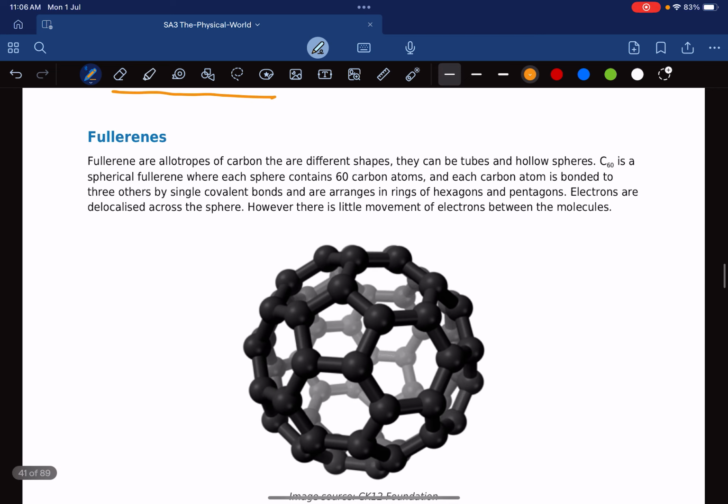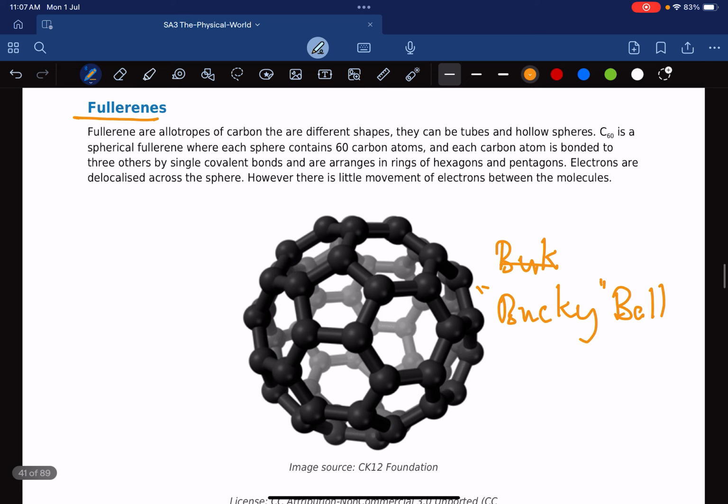Then there are other types of allotropes which are called fullerenes. This looks like a ball, and this is made up of 60 carbons in a ball structure. This is sometimes called a buckyball. It is named after the scientist who discovered this.